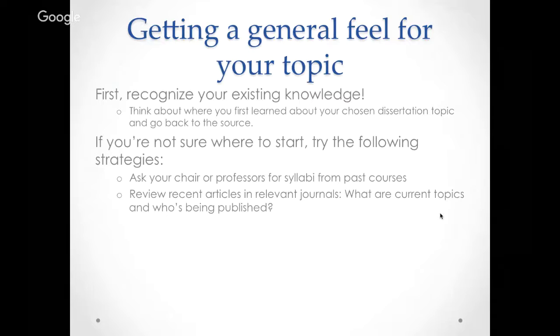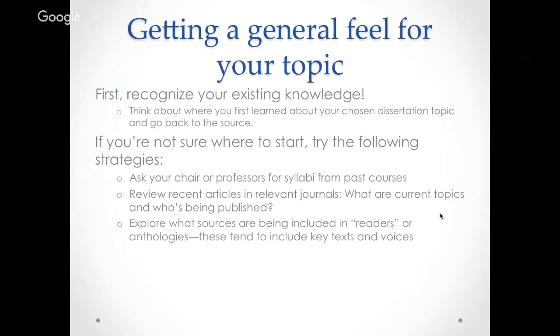Once you've reviewed a good number of articles in a few different journals, you'll see that there's some repetition, first of topics, and second of the scholars who are prominent in that field and in the dialogue. Those are the ones that you want to really pay attention to as you move forward.